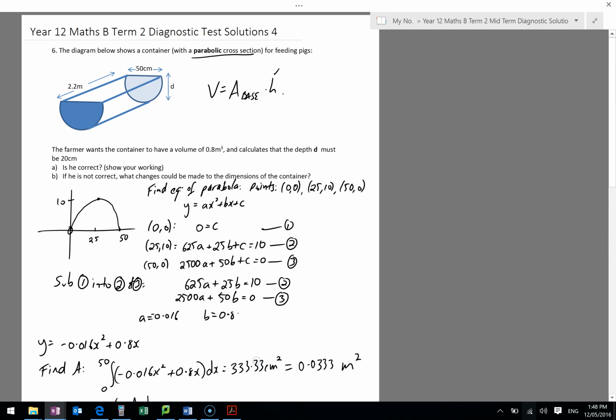As in this bottom part needs to go down, to make the parabola have a bigger area, so the volume would be bigger. Good luck.